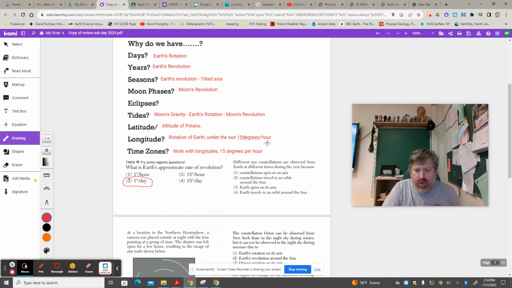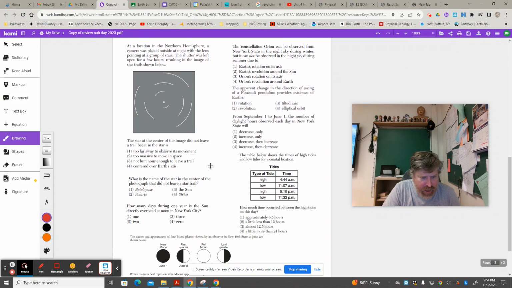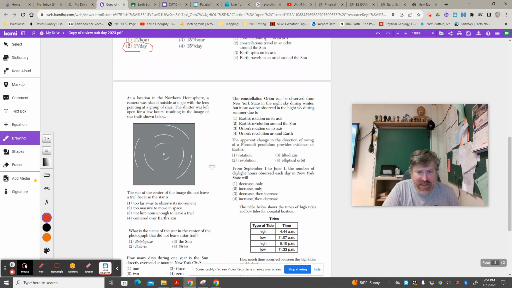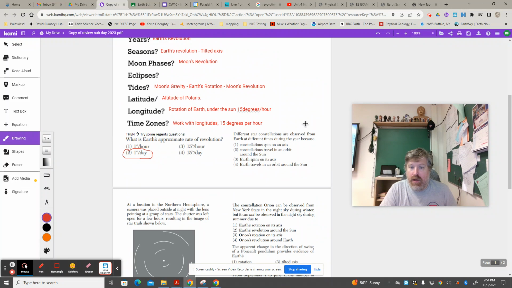When it comes to this question, hopefully there is a Foucault one on here that I put. I thought I did. We'll get there. Yeah, it's down there. These sorts of questions, you get your points by just sticking to the easy. We know that we spin because of Foucault's pendulum and seasonal constellations.